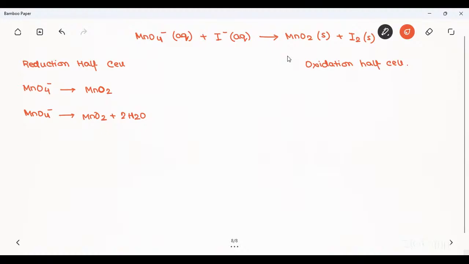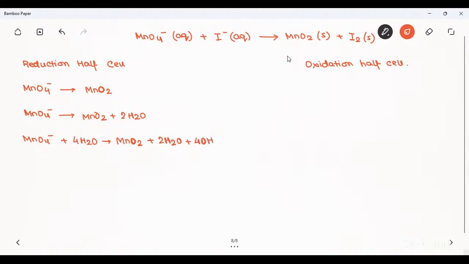Oxygens are balanced. So what is the overall equation now? MnO4 minus plus 4 H2O, that results in the production of MnO2 and 2H2O and 4OH minus. If I break it, I can write it like this, right?